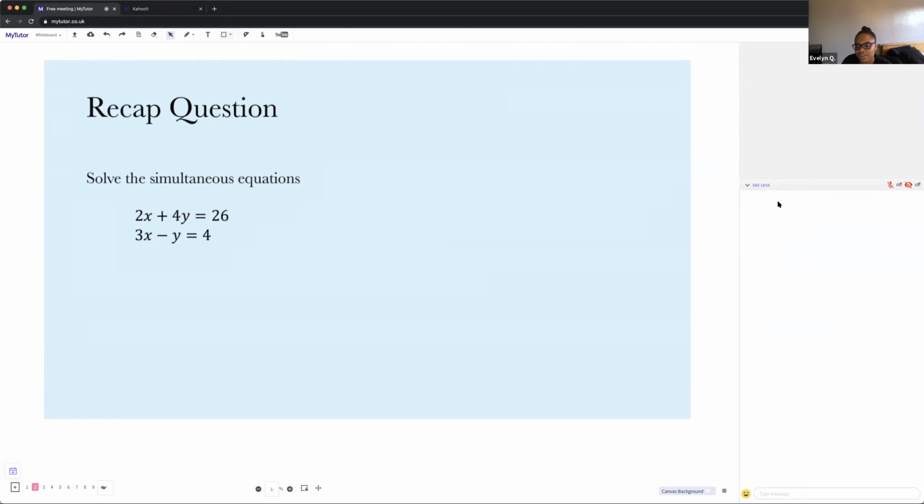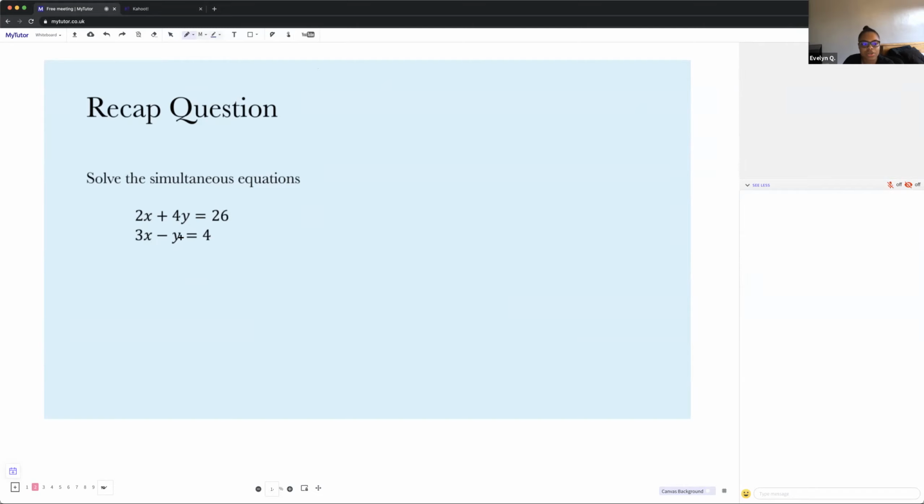I think majority of the answers that I'm getting are correct, which is excellent. Right, so just because we have so many different types of methods with quadratic equations to go through in our session today, I'm going to start going through the walkthrough of this question. Anyone who's still trying it out, still go ahead and see whether you get the same answer as me when I get to the end.